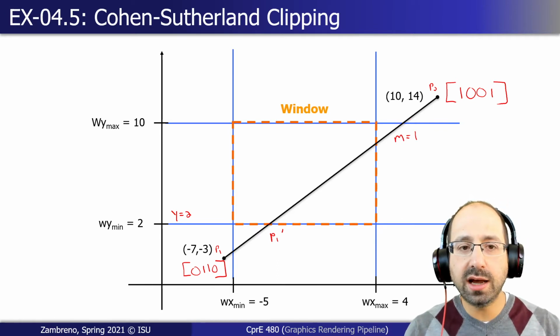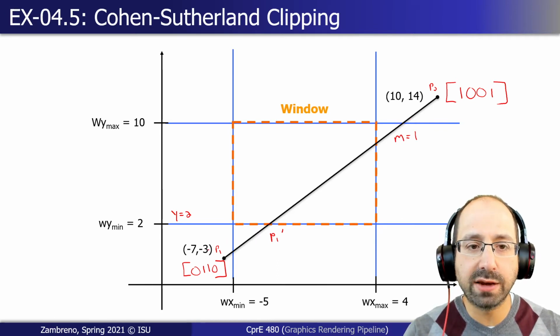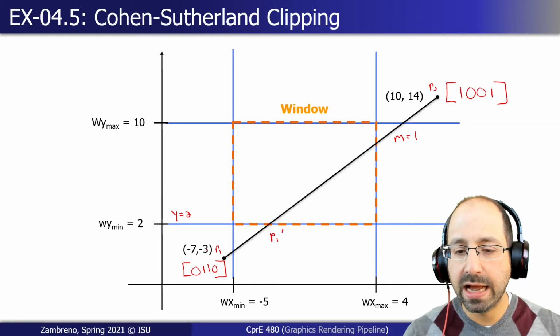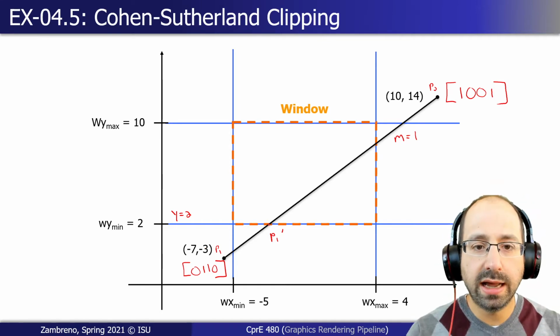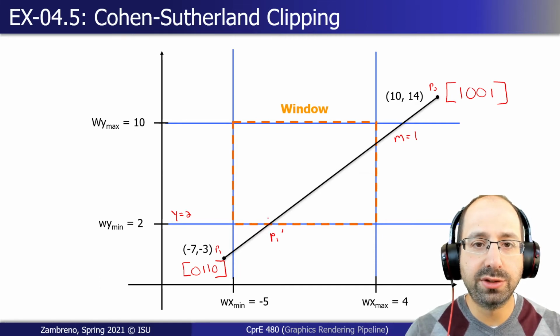So given a starting point of -3 in the y dimension, plus the difference in our x dimension from this -7 to this location. We start from -3 in y, and we're moving up here.